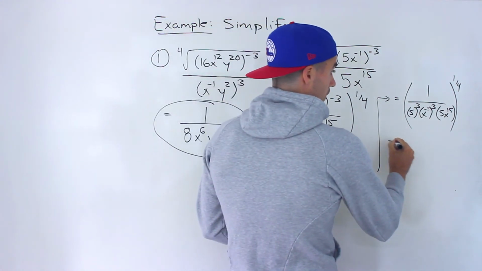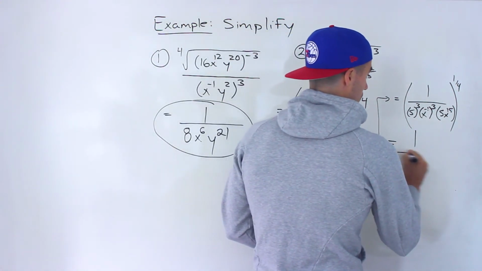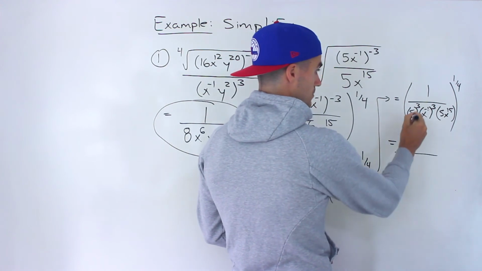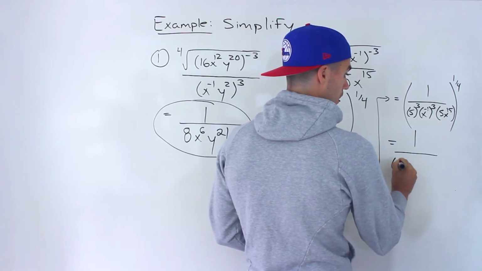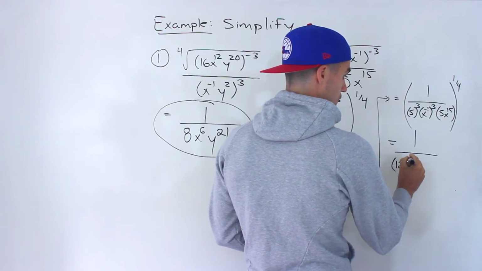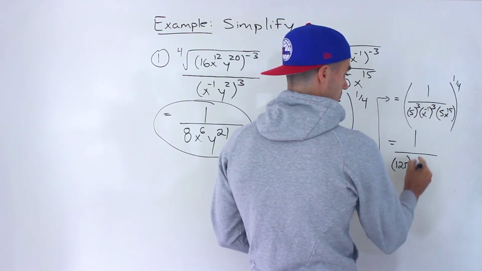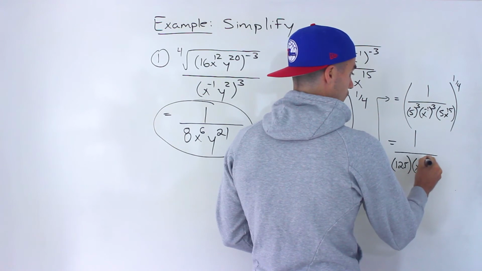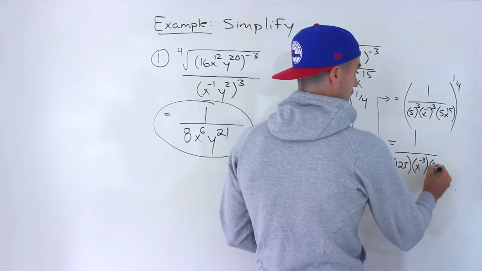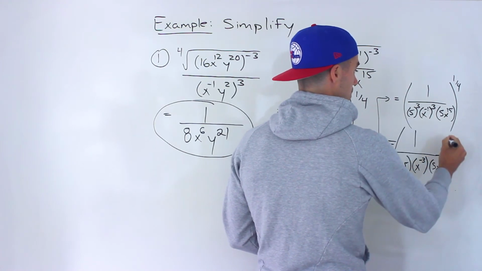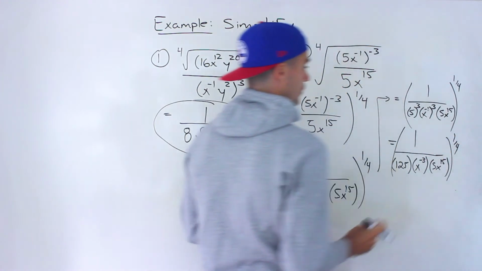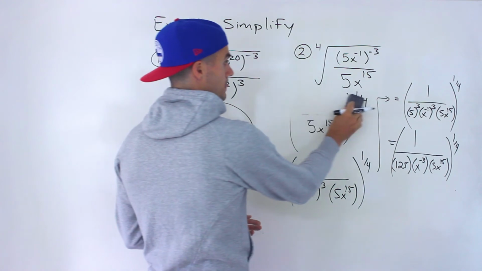So then from here, we'll have 1 over, let's be really careful with the algebra here, 5 to the power of 3 gives us 125. And then -1 times 3 is -3. And then we got the 5x to the 15, like that. And then this here is going to be all to the power of 1 over 4, like this.